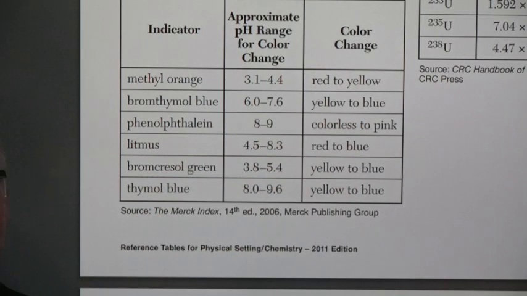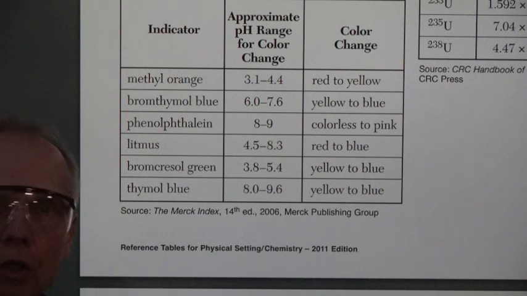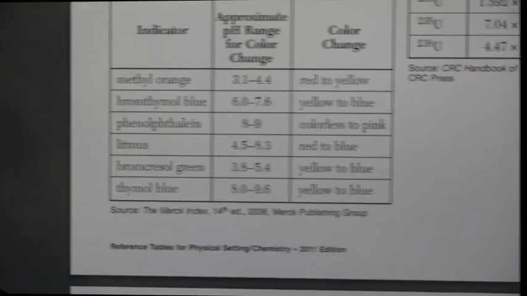So my question to you, and you're going to email me the answer, is if an acid turns yellow in bromothymol blue and a base turns blue, what color would neutral be? That is a question. I want you to write it down. What color would neutral be with bromothymol blue? And I want that answer.